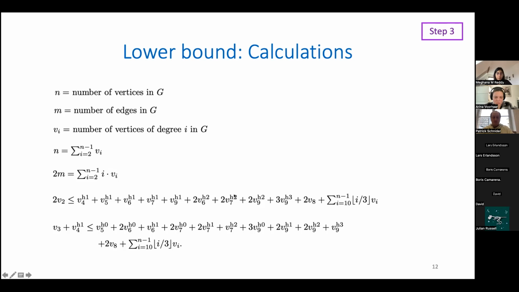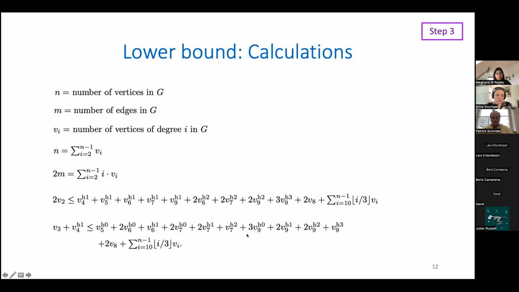This H2, or the number beside H, represents the number of degree 2 vertices that the vertex is incident to. So if there was no superscript, V9 meant the number of vertices of degree 9. With the superscript H2, it means the number of vertices of degree 9 that are adjacent to exactly 2 hermits. And now why do we do this? Because it just makes our life easier in terms of the calculations.